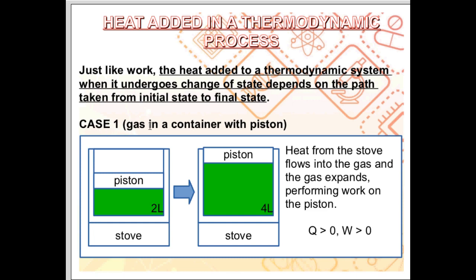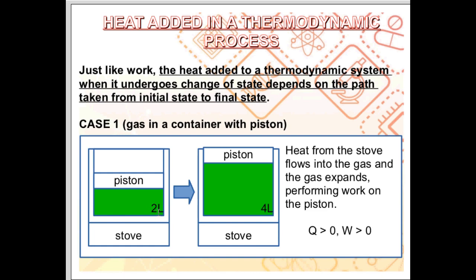Case 1, you have a gas in a container with a piston, a movable piston, and inside the container is our system, the gas. Initially, the gas has a volume of 2 liters.